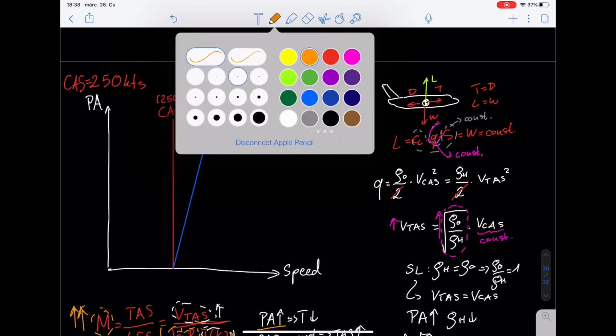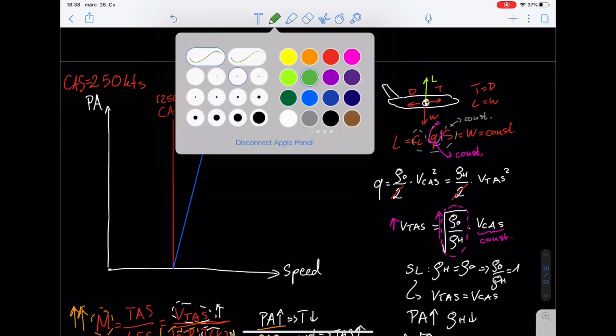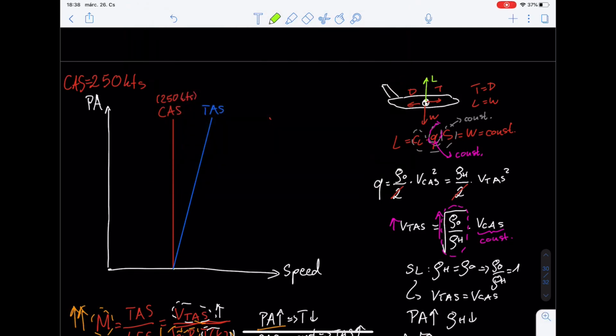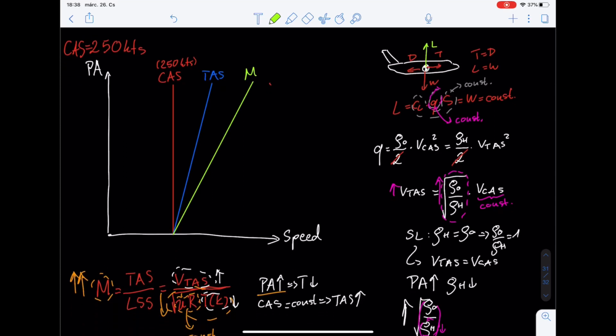So what you get is that the Mach number with the increasing pressure altitude is increasing. And we've already talked a little bit about the critical Mach number and what happens in the transonic speed range.